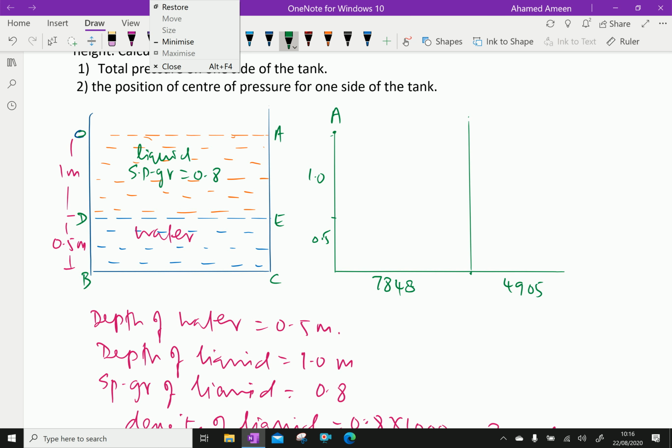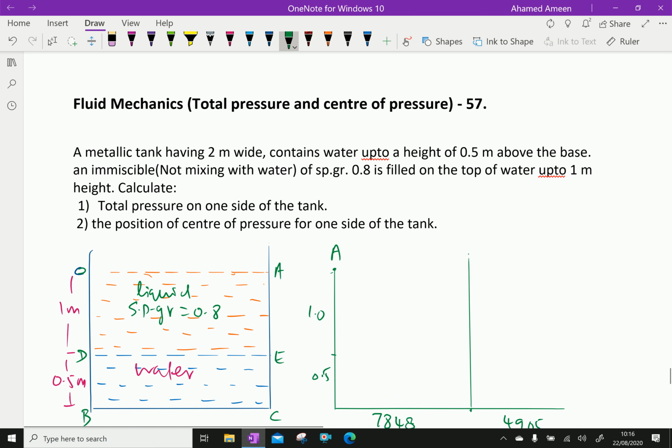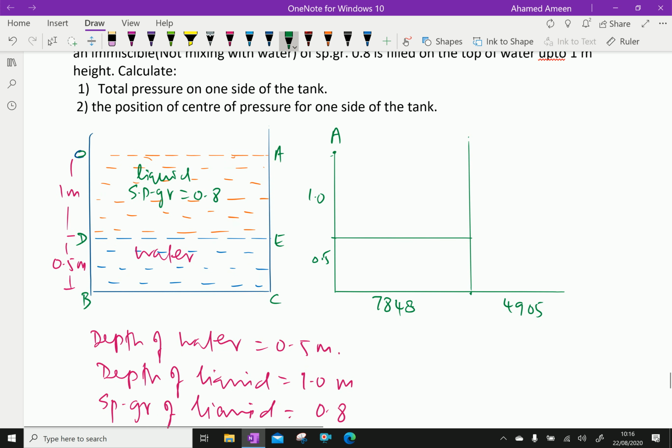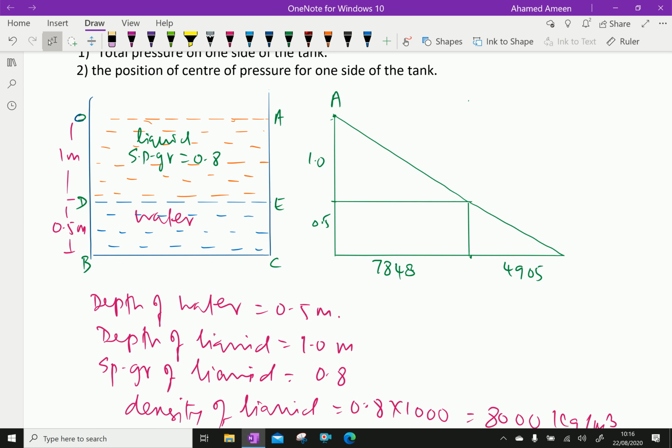Then draw a base for water here and join this. Now we have drawn the pressure diagram to scale.